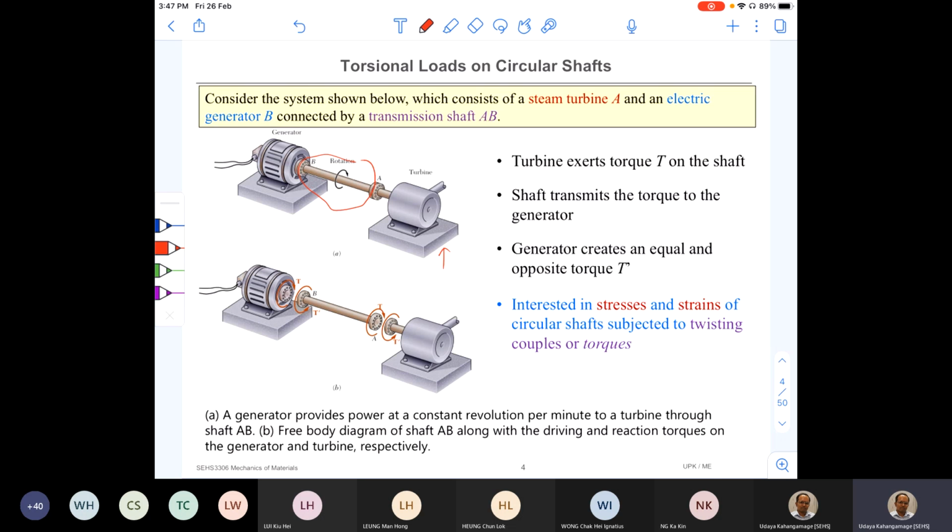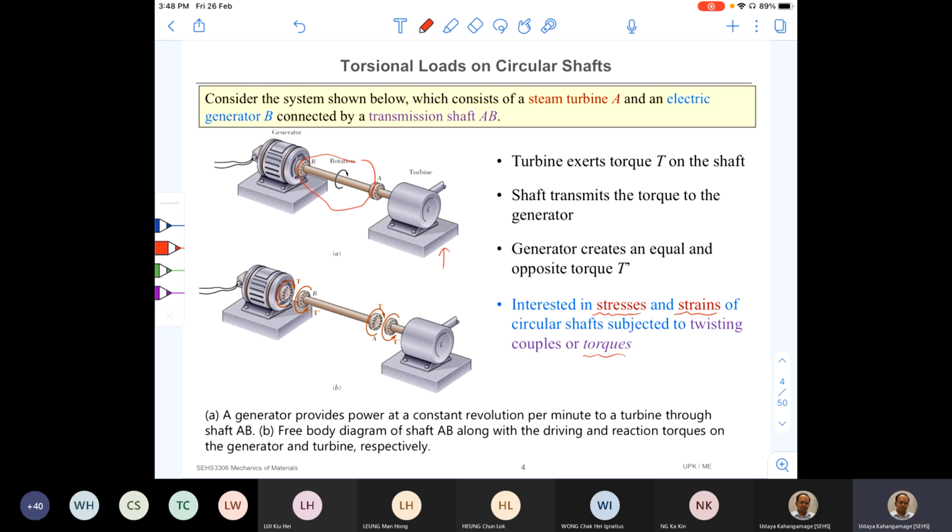So therefore, it is the job of the engineering designer to do the calculation, find out the internal resistance created by the material once you apply the external load, and then the level of deformation created as well, and design the right size, and specify the right material. Right? To do that, we need to be able to quantify the stresses and strains resulting from twisting couples or torques.